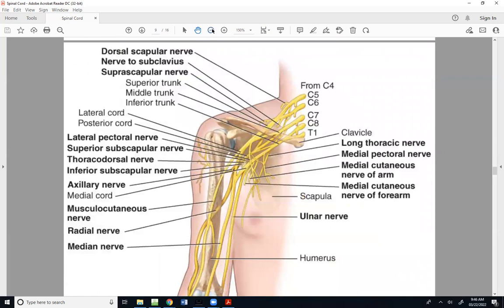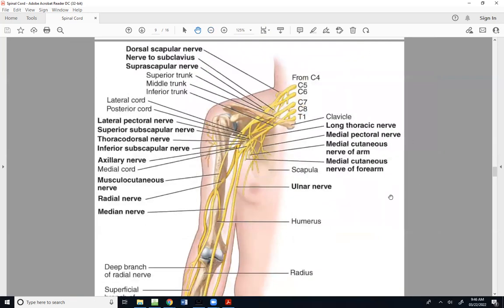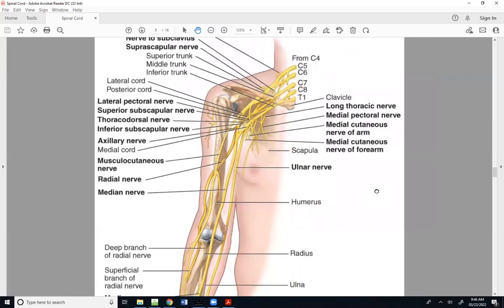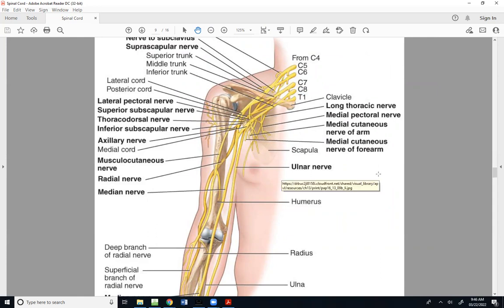Now, speaking of this picture here on the next page, this is an illustration of why I like coloring, where you have everything in the same color and you've got a lot of different lines. It's really hard to tell things apart. I just haven't really found a good picture to color for the arms and legs.